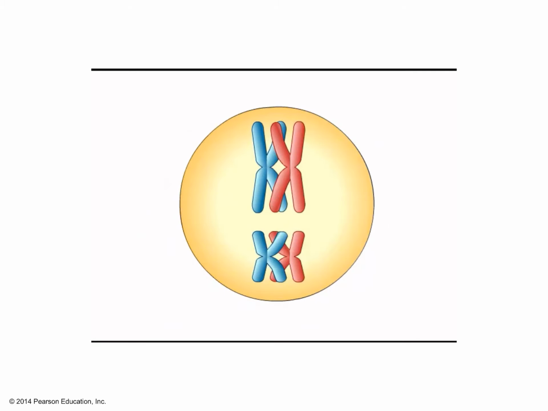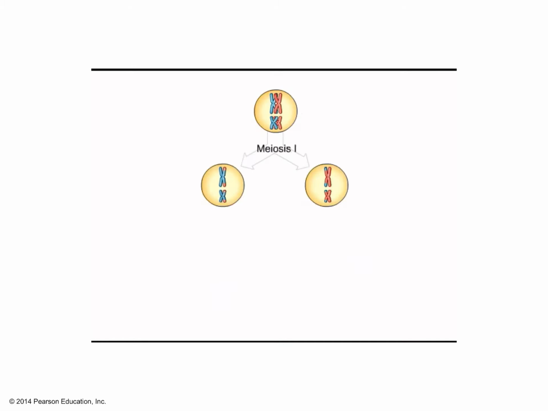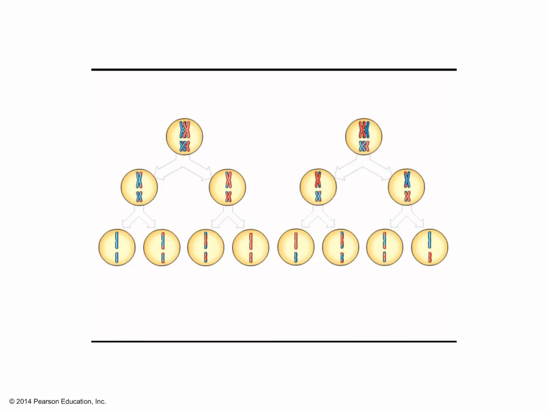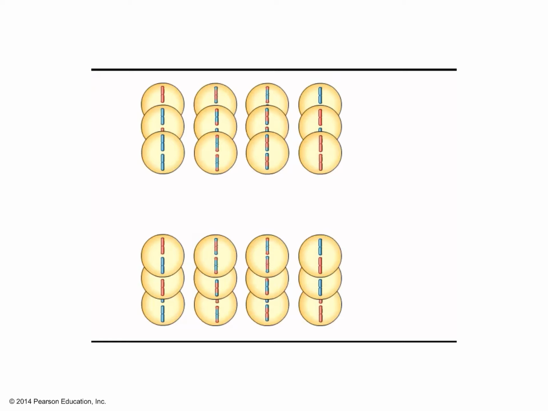Independent orientation and crossing over occur simultaneously during meiosis, multiplying the number of genetic variations among gametes. Because each pair of chromosomes lines up independently, and crossovers can occur almost anywhere along each pair of chromosomes, it is possible for a human being to produce an almost infinite variety of gametes. A sperm fertilizes an egg, producing a zygote.